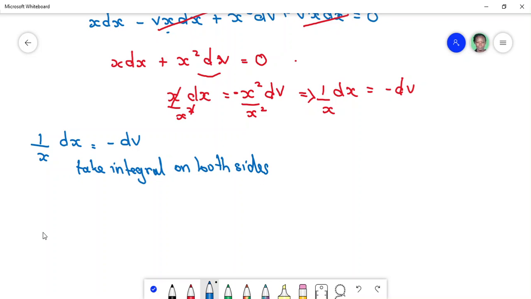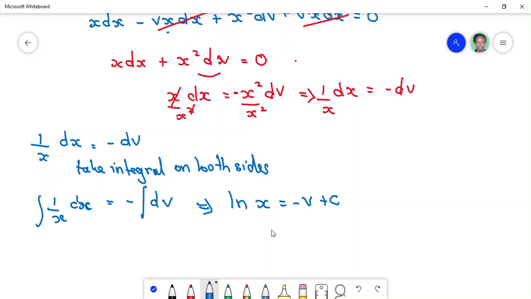I have the integral of 1 over x dx equal to the negative integral of dv, which gives us ln of x on the left, and minus v plus c on the right, a constant c.